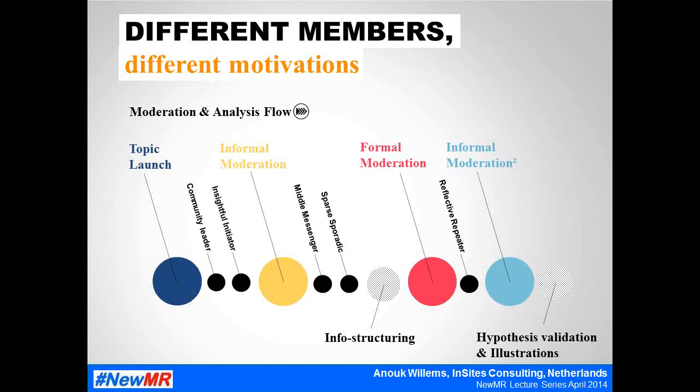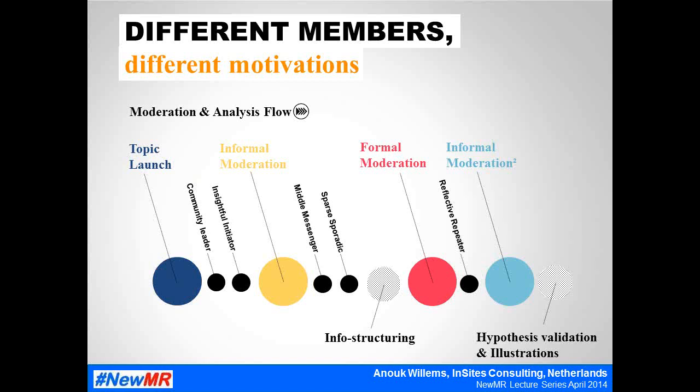Well, we see that then there is a saturation level occurring of the on-topic arguments. You know, everything has been said. It's the same as you will have in an offline focus group. The second one, everything is still relatively new. When you have the 10th focus group, nothing new is said anymore. So that's the formal moderation.